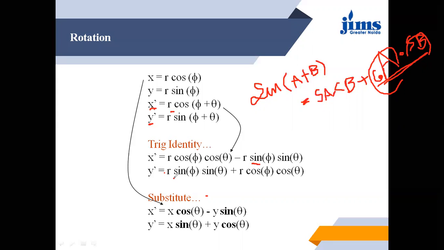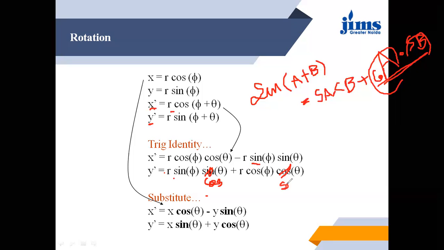Yes, it will be sine phi, here it will be cos theta, and here cos phi into sine theta.